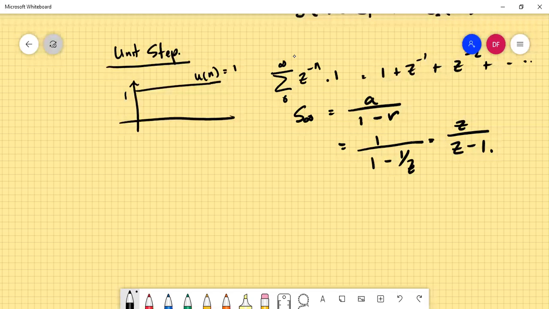Okay, so let us look at how we use the Z transform to solve a difference equation, because what we said last time was about the difference equations that we had to solve.